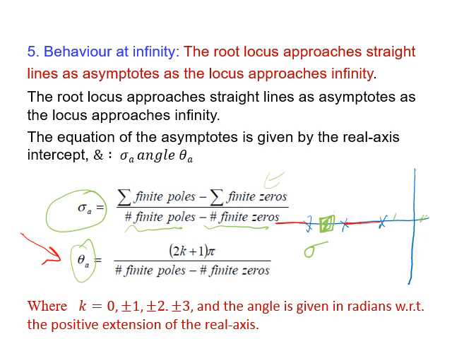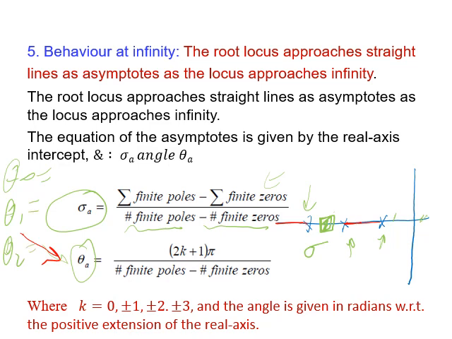If this is sigma, we will calculate theta. The number of angles to be calculated is equal to the number of poles or zeros toward infinity. If you notice here, we have 1, 2, 3 poles to infinity. That means I need to generate 3 angles. I will start with theta 0, theta 1, theta 2. Why am I calling them this way?